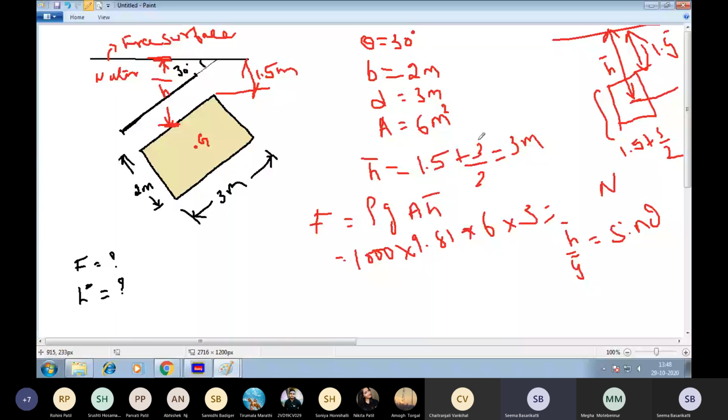Actually this is multiplied by sine theta because it is an inclined surface. The surface is like this.